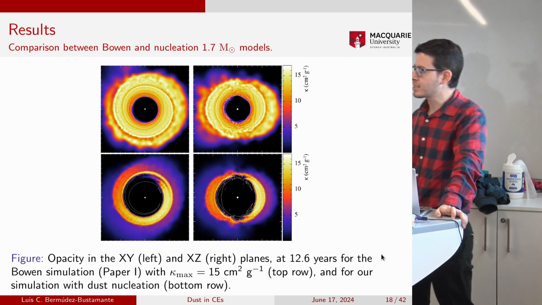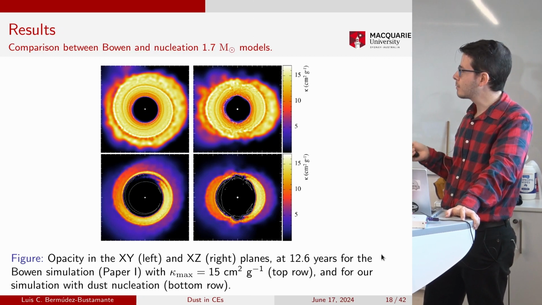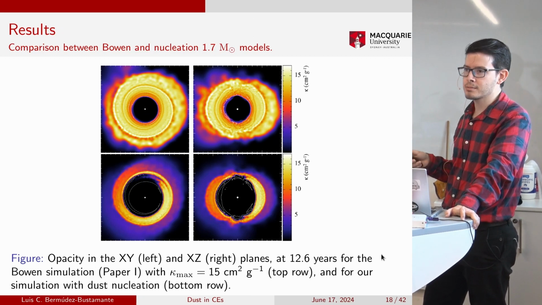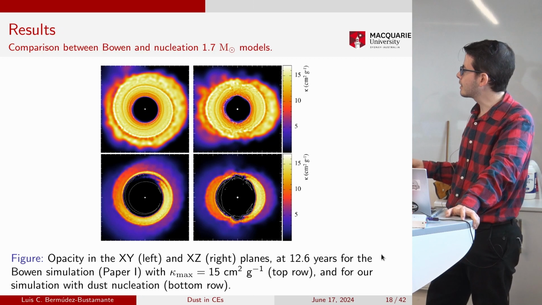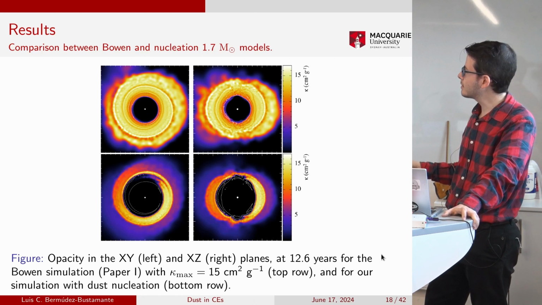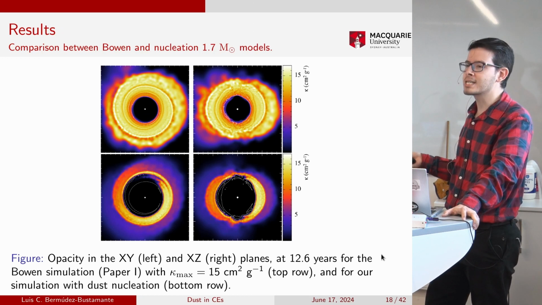Okay, but this is with the nucleation model. What is the comparison with the Bowen simplified model? Well, here at the top you have the Bowen opacity in the orbital and in the perpendicular plane, for the 1.7 solar mass, and at the bottom you have the nucleation model.